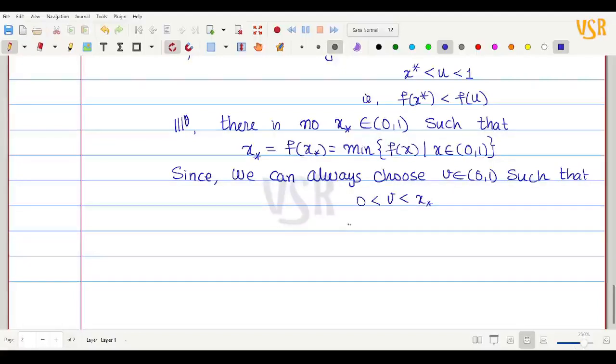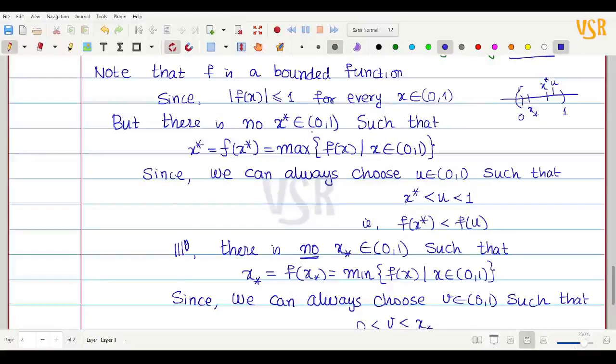This implies that f of v is smaller than f of x suffix star. So an element smaller than this will come in this set. Therefore there is no x suffix star, and this is very important, there is no x star either. So this is the idea.